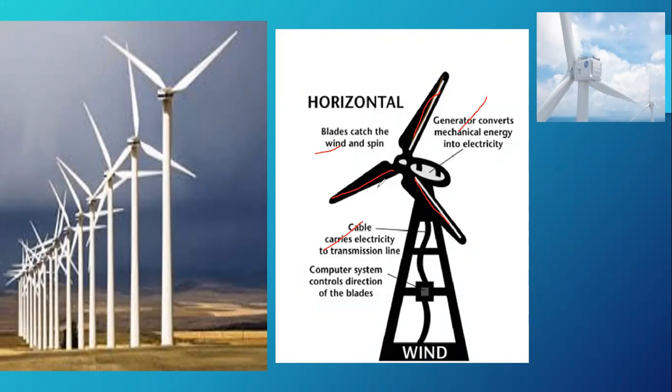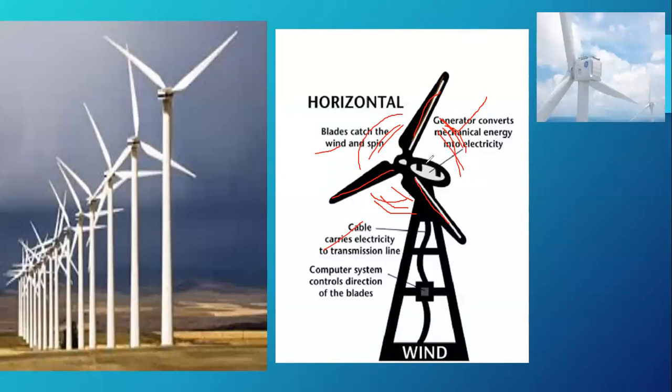So when the wind comes, it will make the blades move to the right side or the left side. While moving in different directions or angles, this will turn the generator.